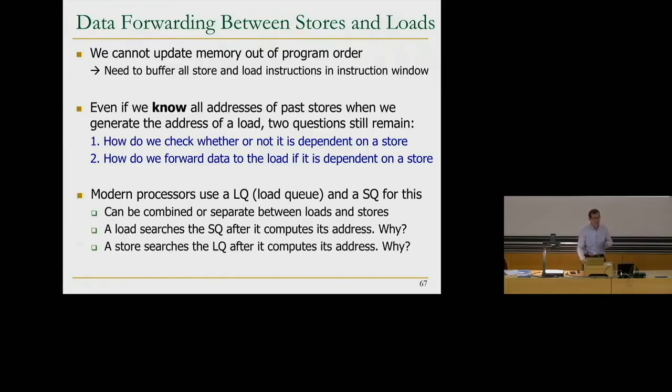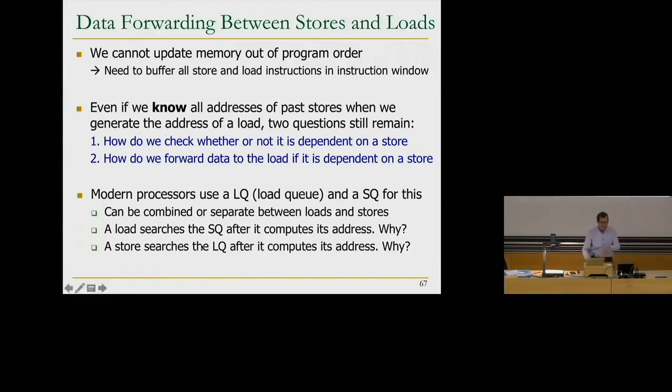And a store, when it finishes execution, when it computes its address, it searches the load queue to see if there is a load that's dependent on it. The second one is needed if you're doing prediction, so that you can check your prediction, right? If you predicted this load is independent, and you've executed it, but then the store address became available, the store needs to check if any of the loads got the wrong value because they were predicted to be independent of the store.